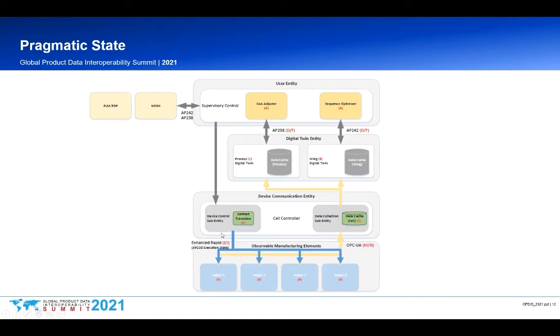And how we're doing that is by saying, if the equipment has to talk in G code, how can we get the information we have from the format it's in, AP238, into G code format?